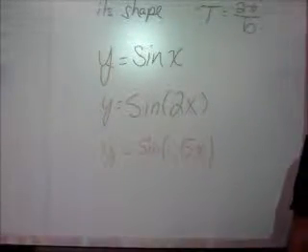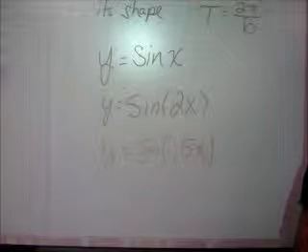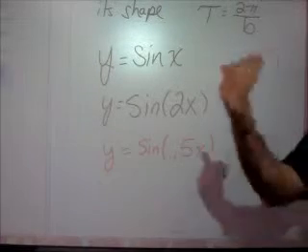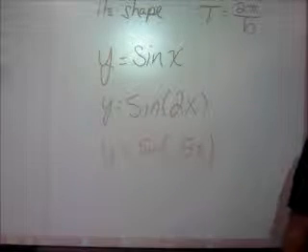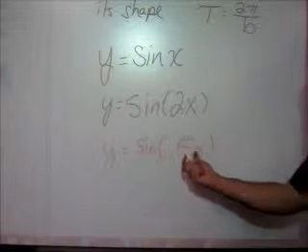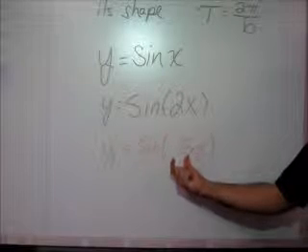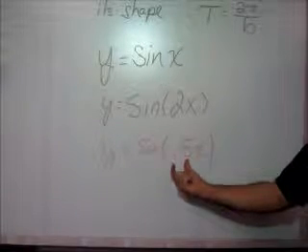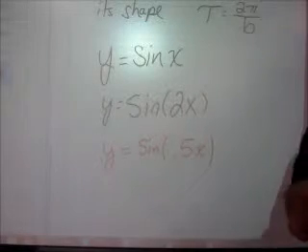Hey guys, suppose that I asked you to do something not quite as nice as 1 repeat in 4 pi. Maybe it was something different. How would we go about mathematically finding the number that I'd have to put in here to actually get what I wanted? Now, what did I tell you I wanted?